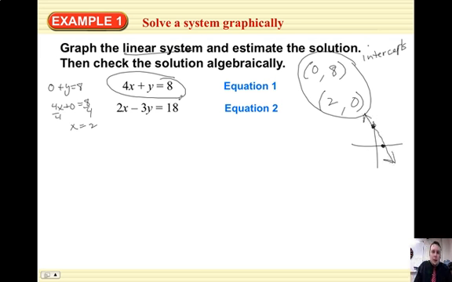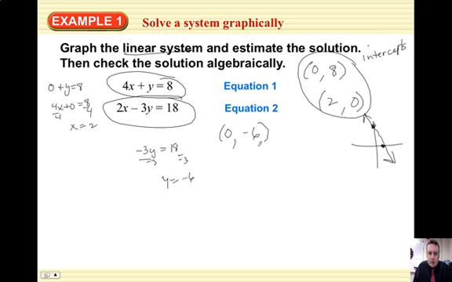Then we go to our second equation. Once again, it's in standard form, so I'm going to plug in 0 for x and get a y. If I put 0 right here, that becomes negative 3y equals 18. Divide by negative 3 and y is equal to negative 6. So 0 comma negative 6, we'll say that's down here somewhere.